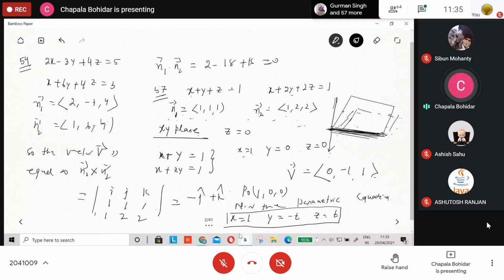Is all of it clear here? This is how you solve this type of problem. If the planes are not parallel, as we found here, then according to that note, they intersect at a straight line, and the angle between two planes is the acute angle.